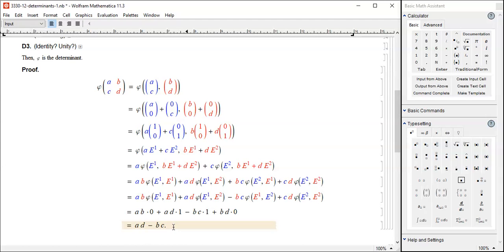The first several steps may have been a bit tricky, decomposing, addition, and then getting those linear combinations. But once you get up to here, that's straightforward. We are using bilinearity, and then alternating, and then for identity 0, identity 1, and then alternating 0.